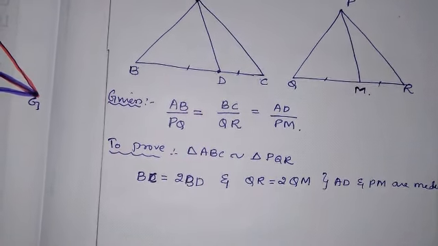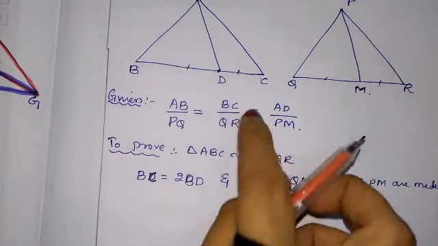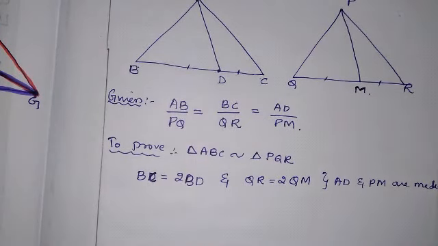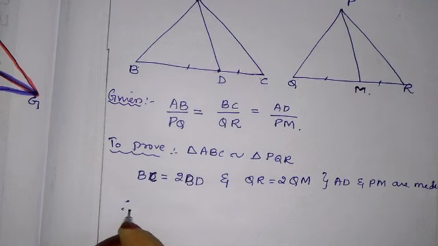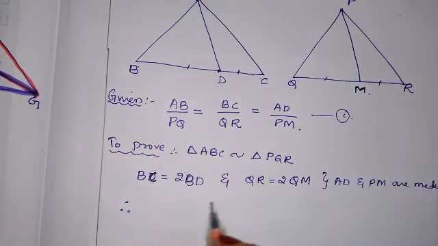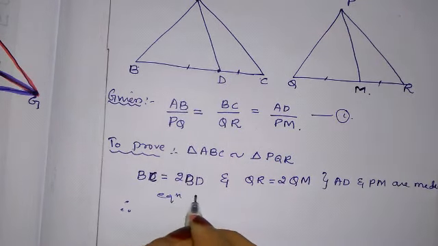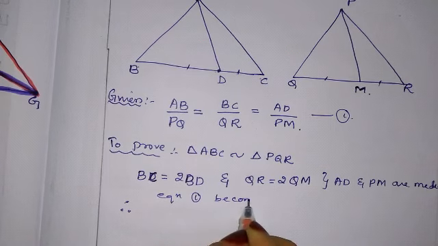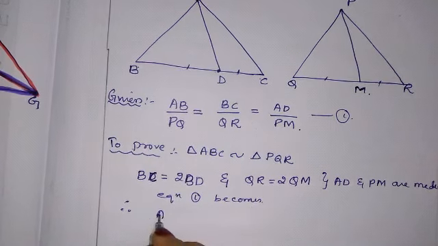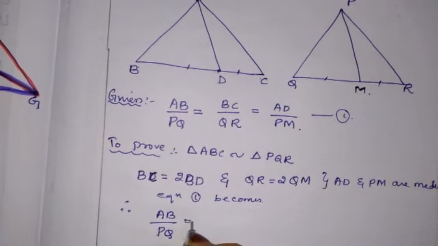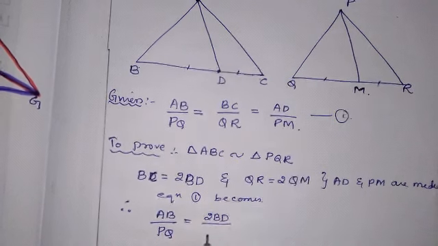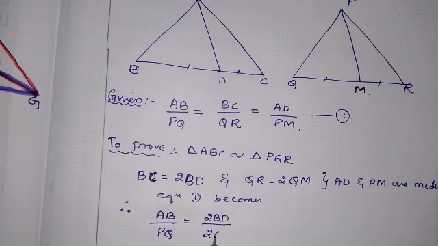Now let us substitute in this, which we will consider equation 1. Equation 1 becomes: AB by PQ as it is, equals BC, which is nothing but 2BD, upon QR, which is nothing but 2QM, equals AD by PM.